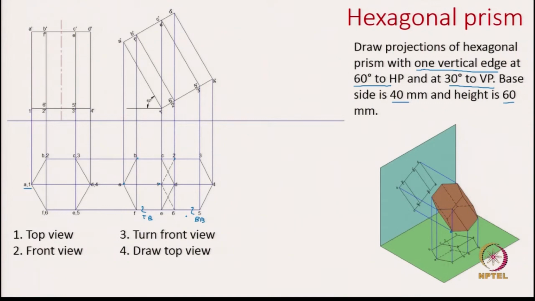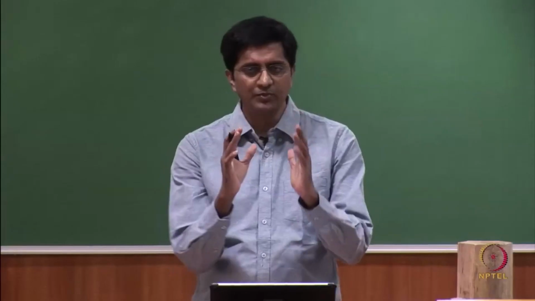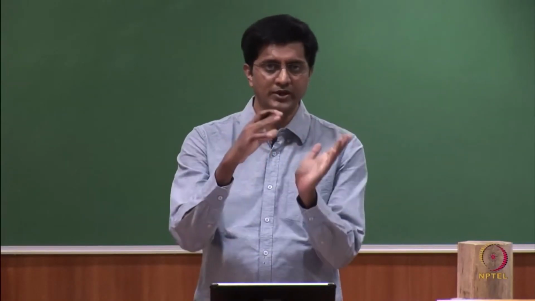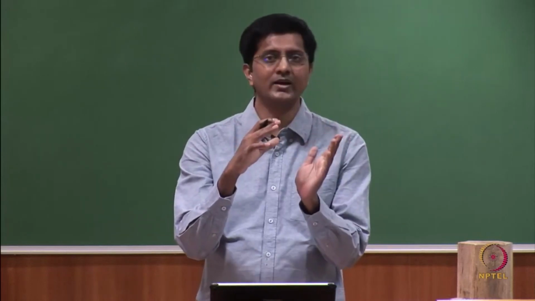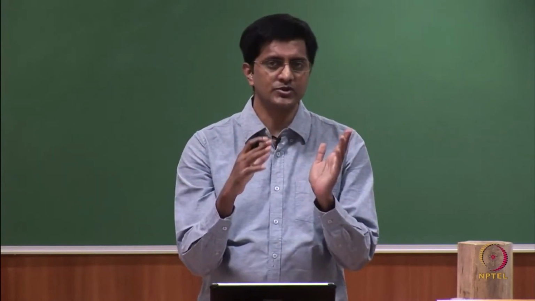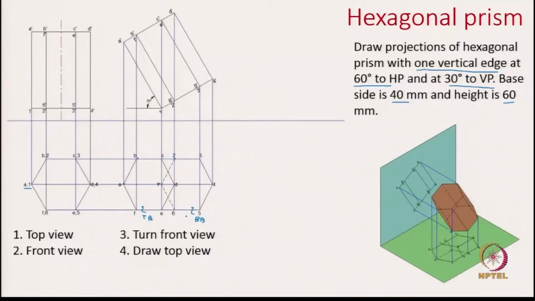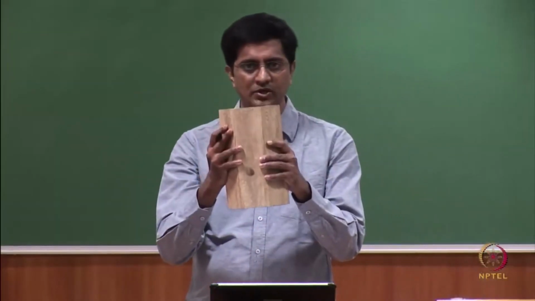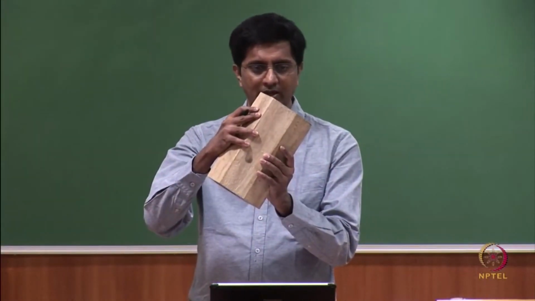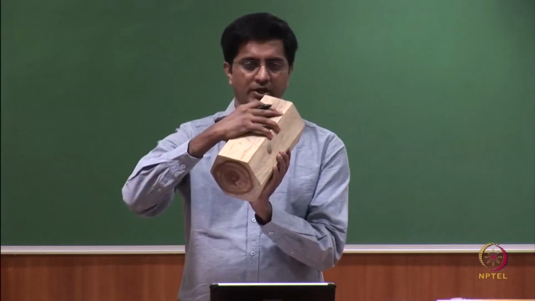Okay. So, now we started with a simple orientation, then we tilted it by one angle with one plane, and then comes the final orientation where it is inclined to both planes. How do we do that? We said this is the step 1, step 2, and in the step 3 we rotate it.